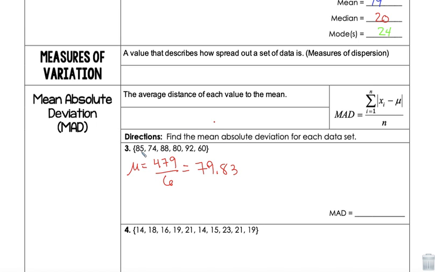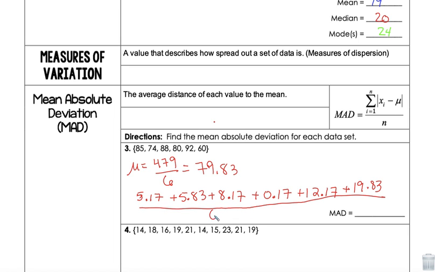So I'm going to be subtracting each of these values from the mean, and you want the absolute value that you're going to be adding together, so that's going to be 5.17 plus 5.83, 8.17, 0.17, 12.17, and 19.83. So all of those divided by 6, that's going to give me the MAD value.